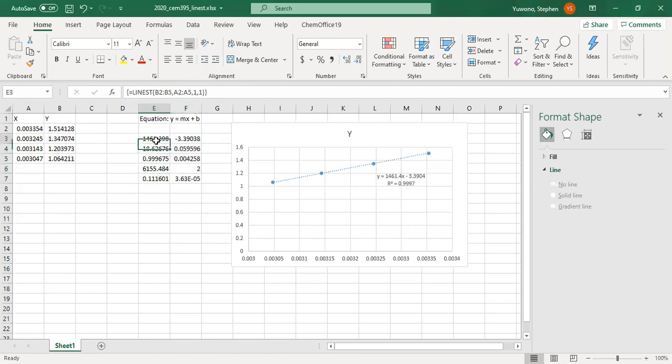So now let's go through each of these to know what they mean. So here, if you try to match this with the equation, you can immediately see that this is the slope. And this is the standard deviation of the slope.